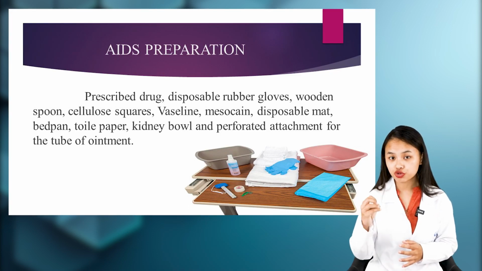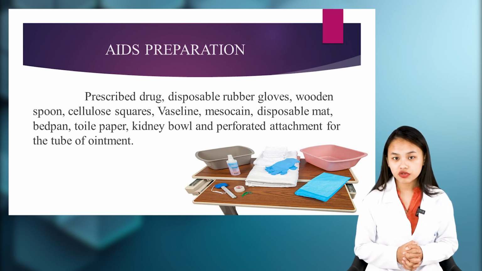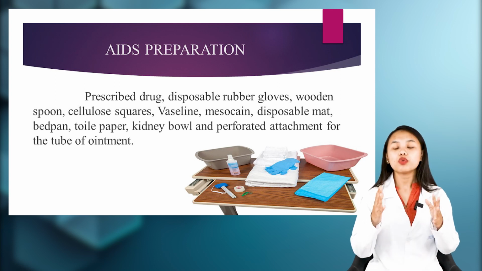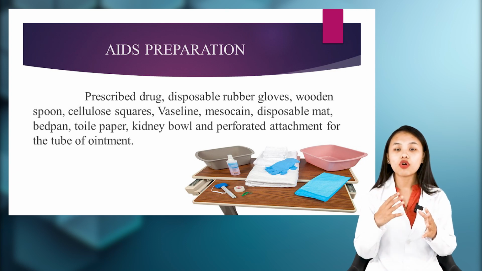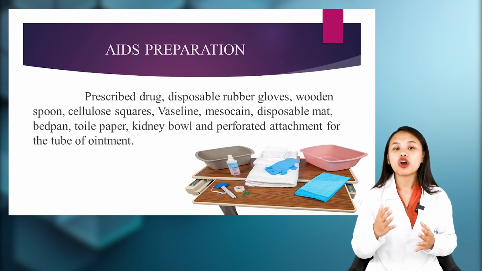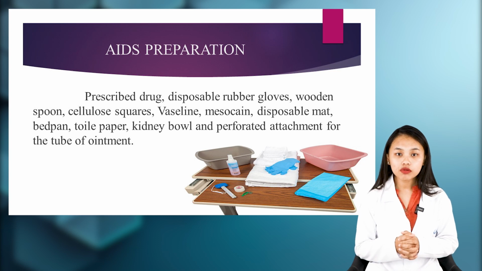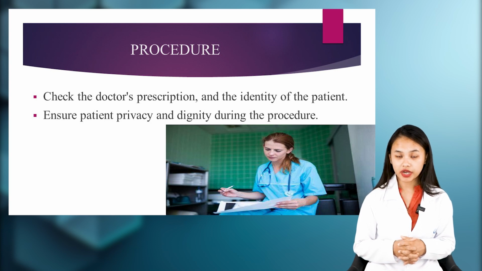The articles which would be required consist of the medication, the prescribed drug which is to be given in the form of a suppository, disposable gloves, wooden spoon, cellulose square, Vaseline or an emollient, disposable mat, a bedpan, toilet paper, a kidney bowl, as well as a perforated attachment for the tube of ointment. So these are the articles which would be required.